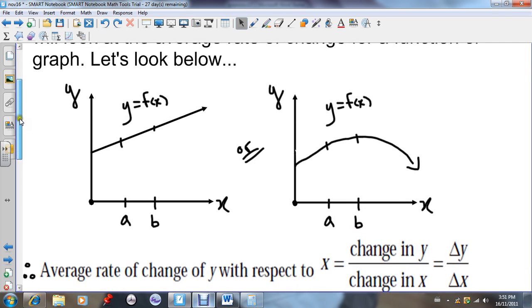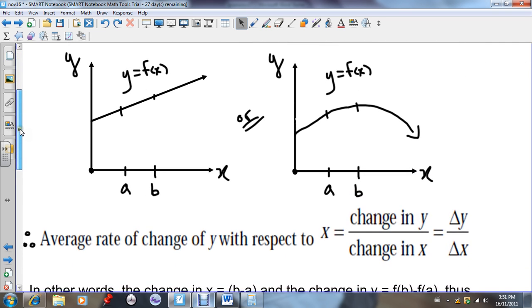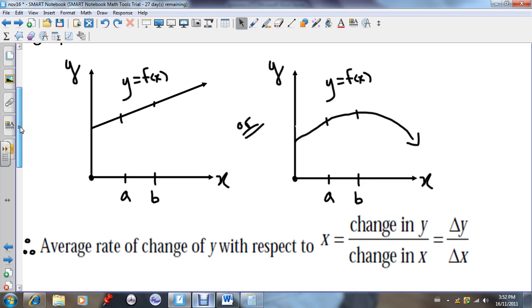An average rate of change for a function or some graph is identified as you see below. What you have is x and y. We are looking at the change as the function increases from a to b. We're looking at how the function changes with respect to the interval a and b.